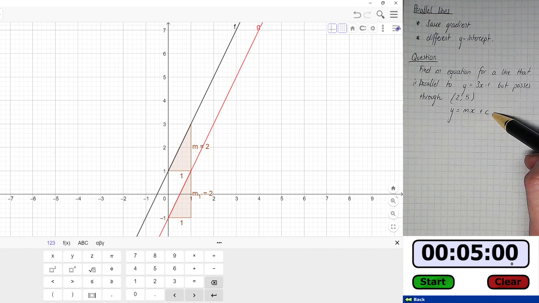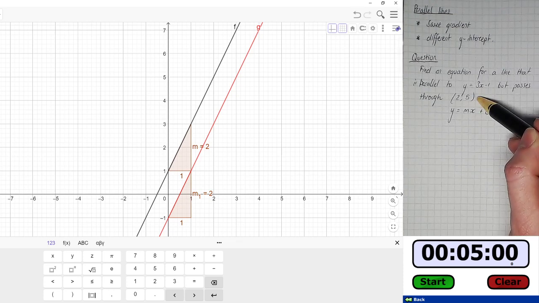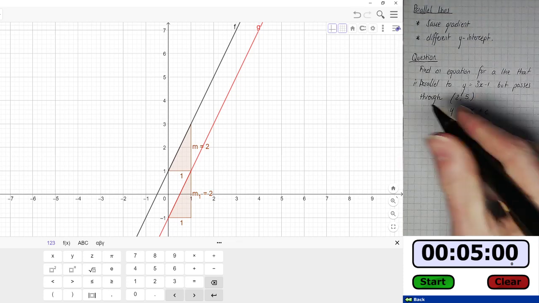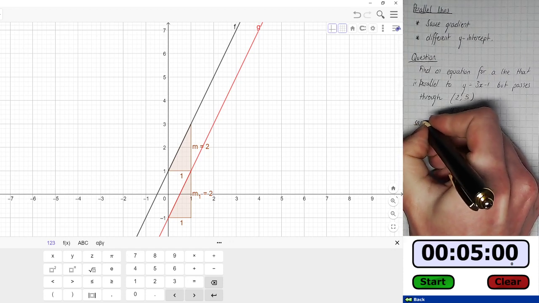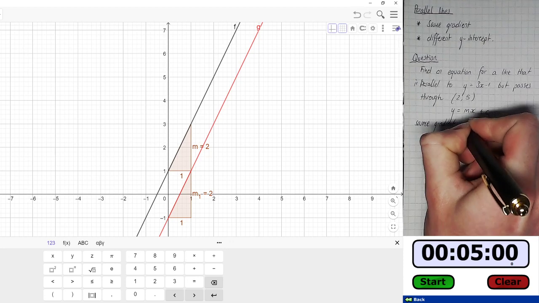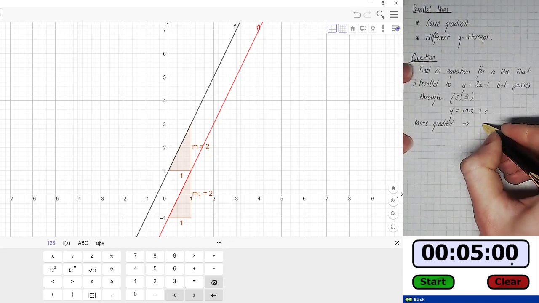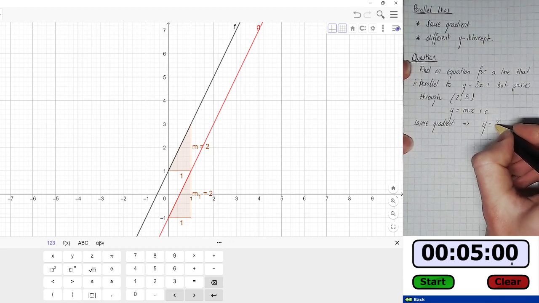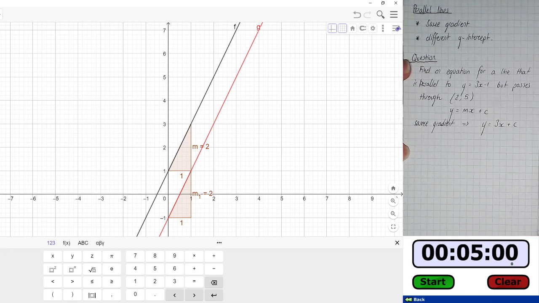Well, what we need to use is the bit of information we've not used yet, the coordinate. So the same gradient would mean that we get y equals 3x plus c.